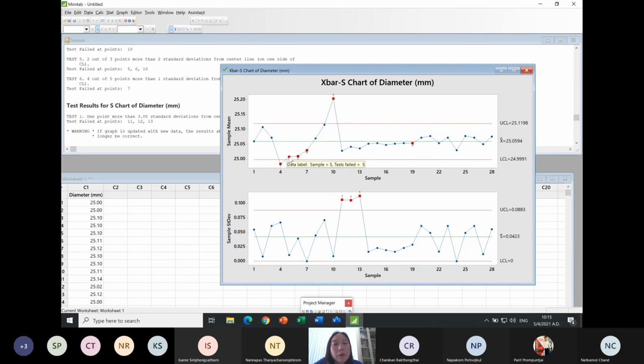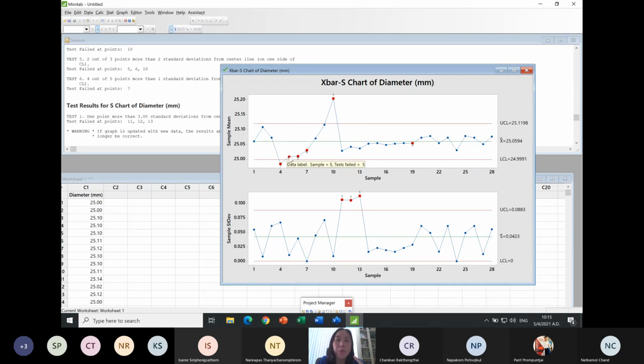So the second pattern that we observed on this chart is that subgroup number 5 is the second point, right? Because this rule requires 2 points in zone A or beyond, the abnormal pattern actually starts from subgroup number 4.